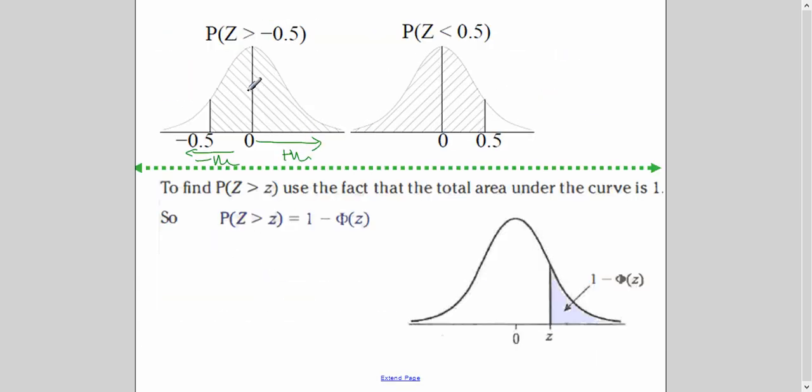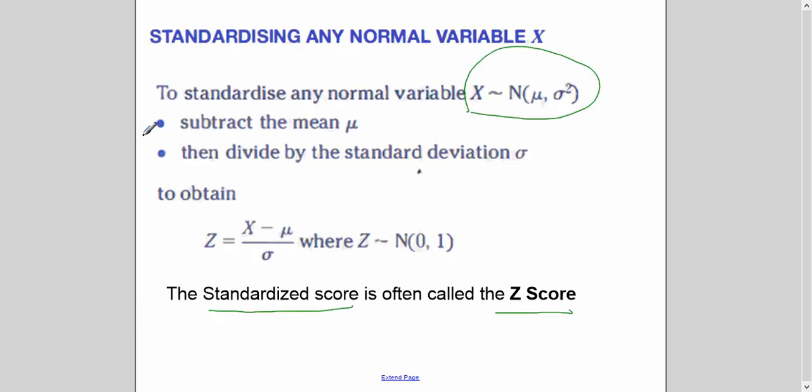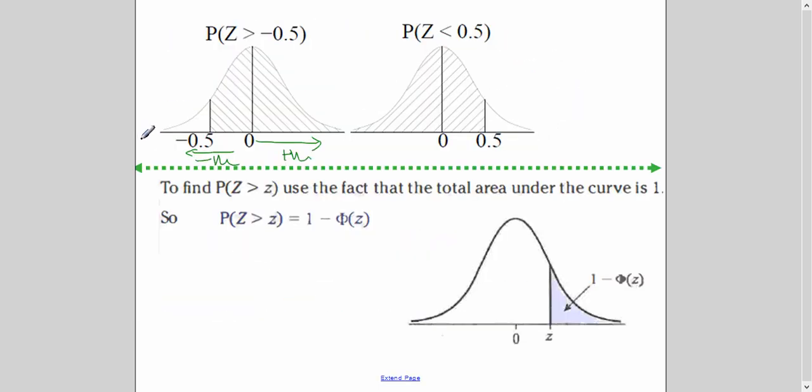So in this question, if I have to find the area on the right hand side of this Z value, then actually I have to find the area on the left hand side from the table. But again, there is a problem. The Z value is negative, and in the table, negative Z values are not given. If I show you here, these are Z values. No negative value is given to you. So you can only read the Z values if they are positive.